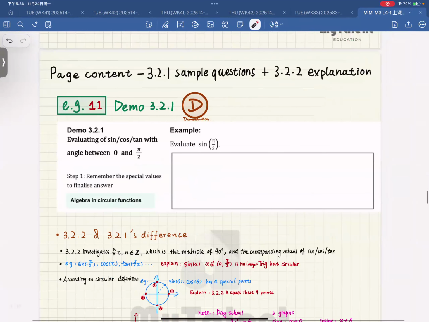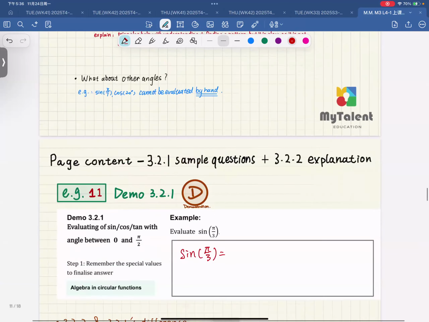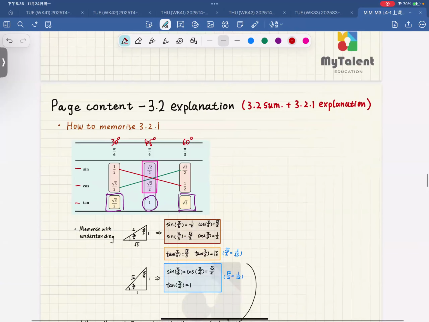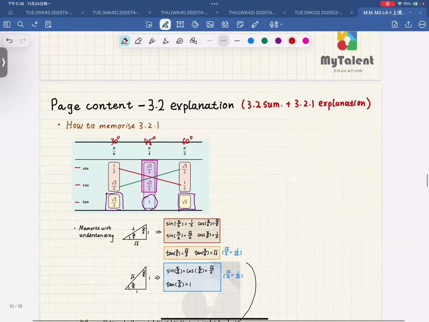All right. Now evaluate sine pi on 3. Anyone remember what sine pi on 3 is equal to? Yes, which is equal to? Root 3 on 2. Right, which is equal to square root 3 on 2.